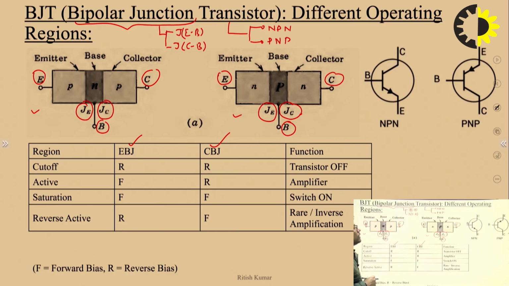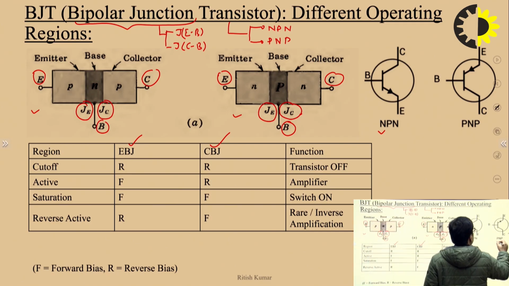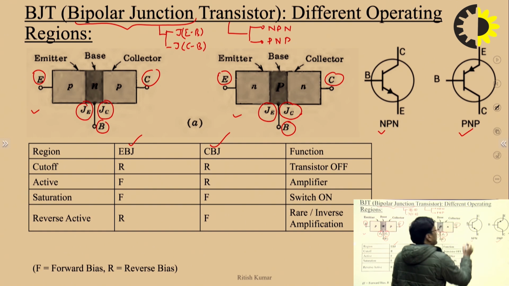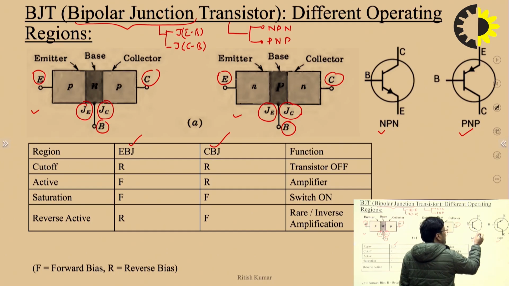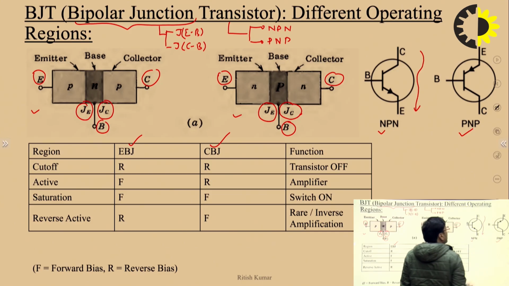This is the symbolic representation of the NPN transistor and the PNP transistor. You can see this arrow represents the direction of current flow. In other words, the arrow always represents the emitter terminal. So this is the emitter terminal, and the direction of current flow is in this direction.